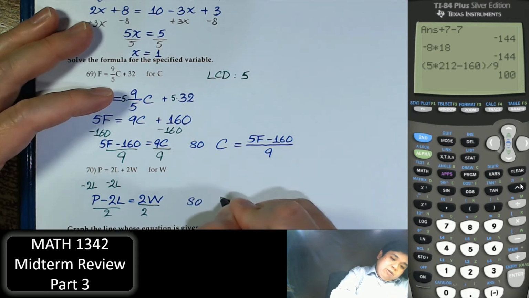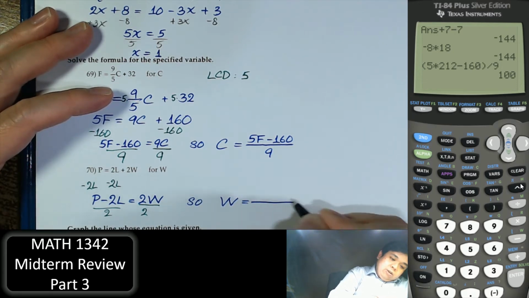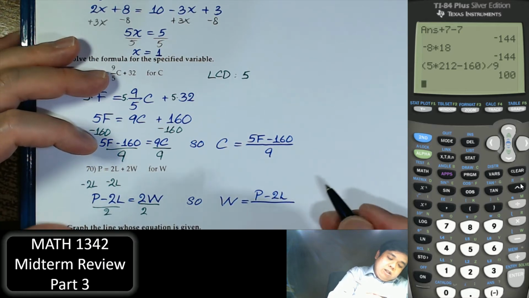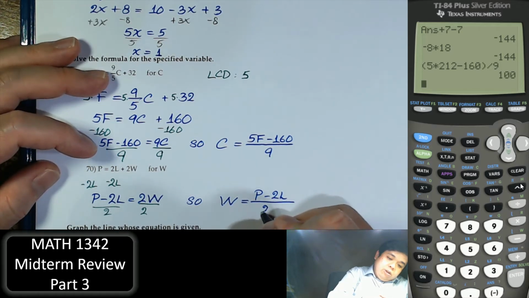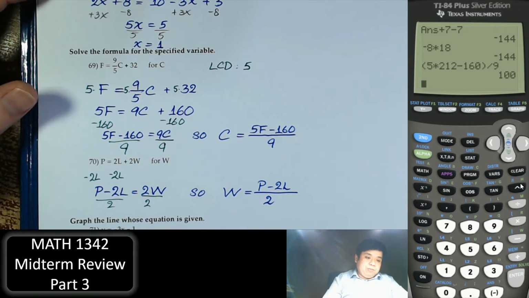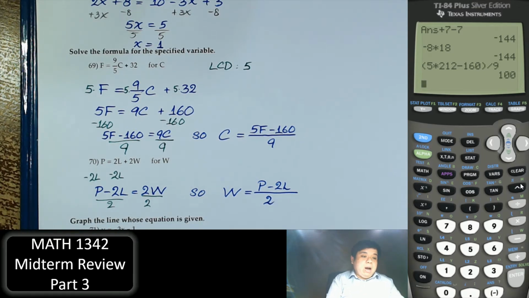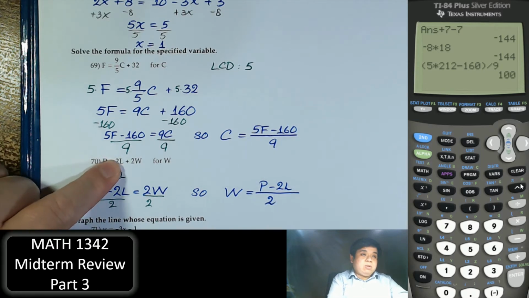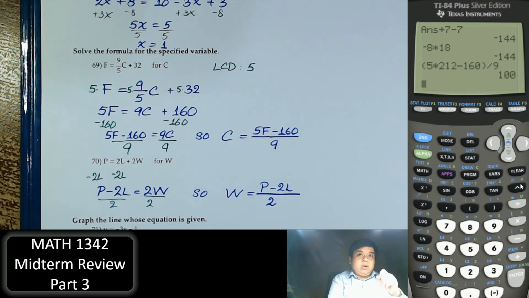So we have W is equal to P minus 2L over 2. Do not cancel the 2 here. It is not multiplied. If it is multiplied, we can reduce. Actually, this is the formula for the perimeter of a rectangle: 2 times length plus 2 times the width.